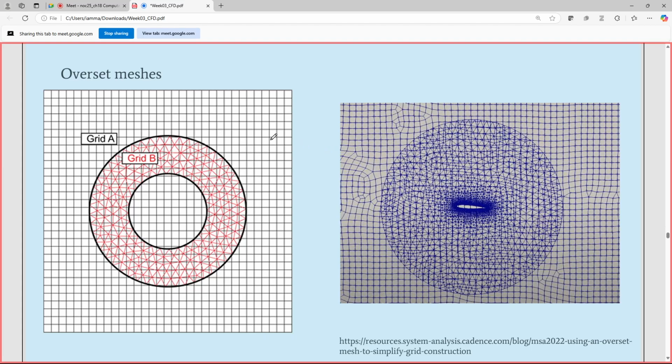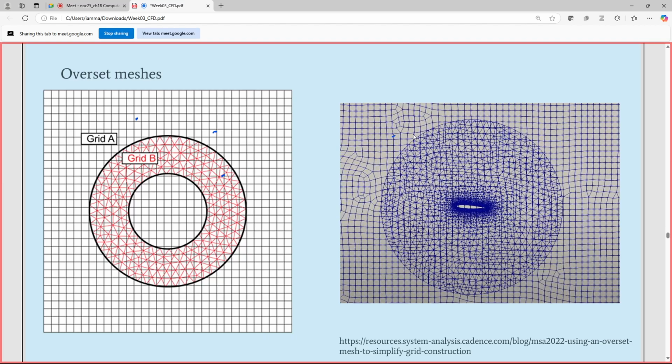And next one, this is the overset mesh. If you can see, here there are two types of meshes. Here is a Cartesian mesh in white color, which is grid A, and above that there is grid B, which has another kind of mesh. So this kind of mesh is called overset mesh. Here is also a structured background mesh and unstructured overset mesh.